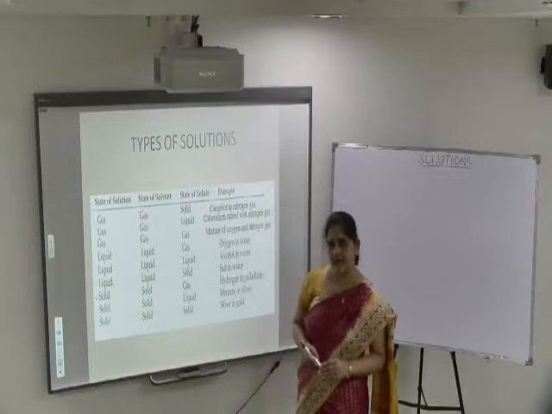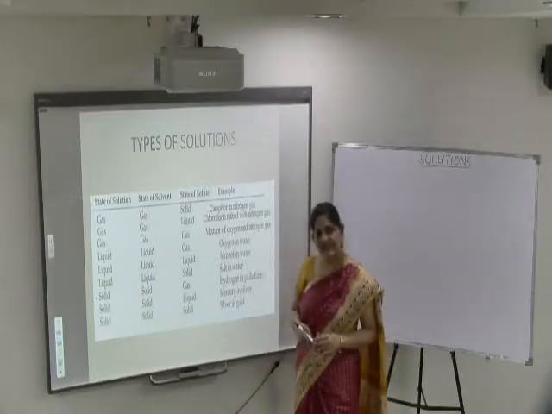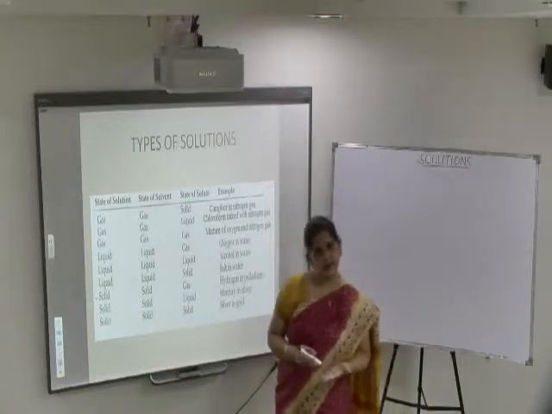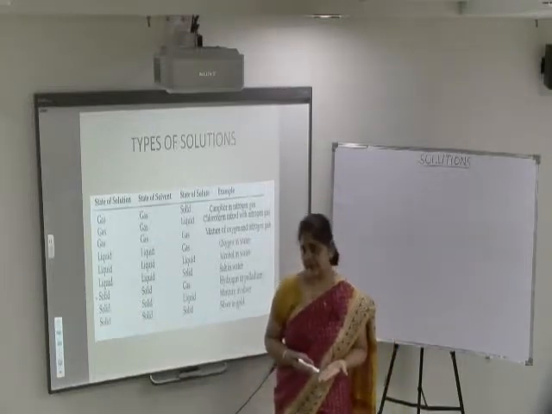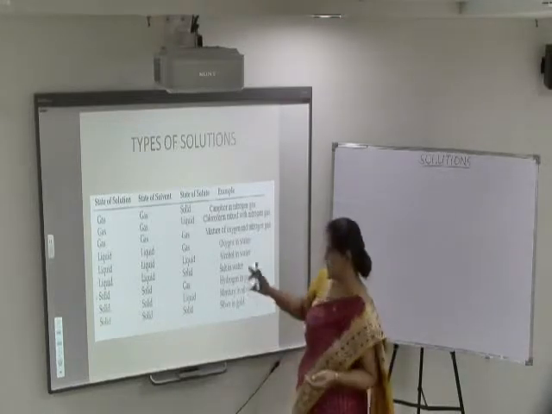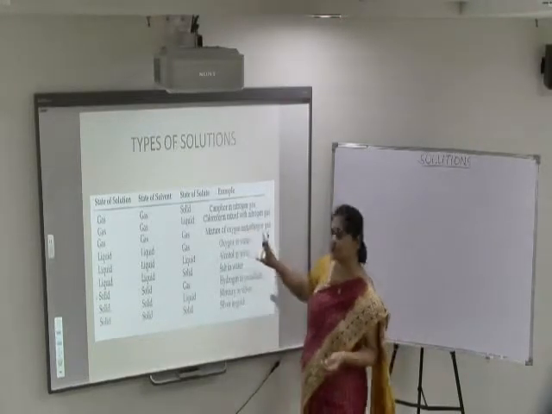The third kind of gaseous solution is gas in gas. It is a very common one. The resulting solution's physical state is gaseous and a mixture of any two gases will come under this category. I have taken the example of a mixture of oxygen and nitrogen gas.